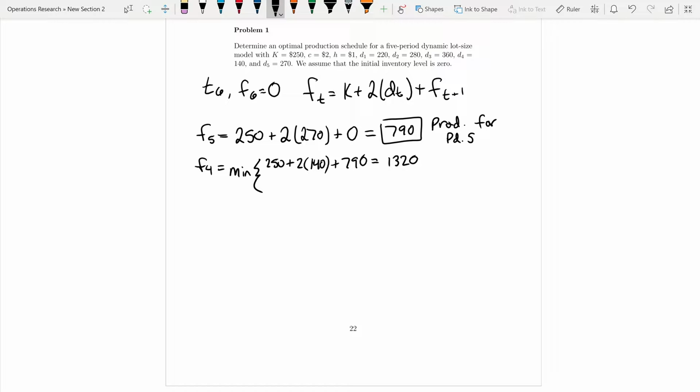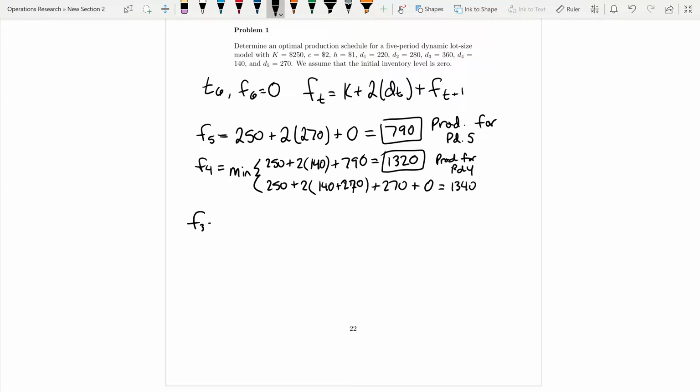And then we also have to account for K plus 2 times 140 plus 270 if we produce for period 4 and 5 here, and then plus F sub 6, which is going to be 0 here. This ends up totaling 1340. So obviously 1320 is lower, and that is our production for period 4.